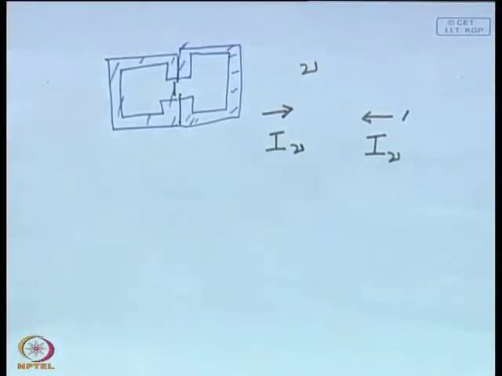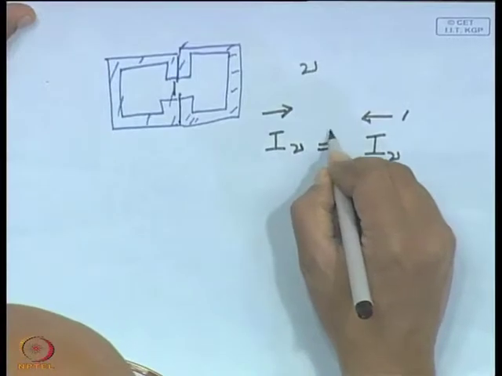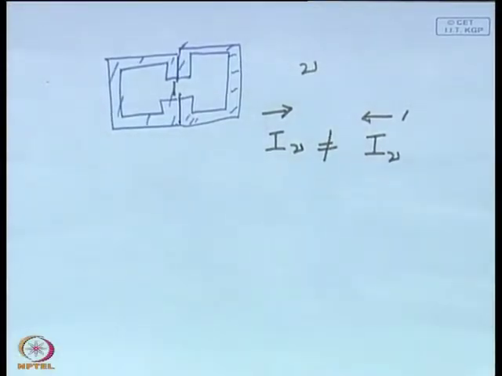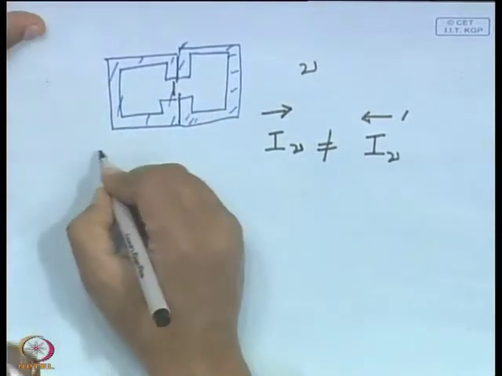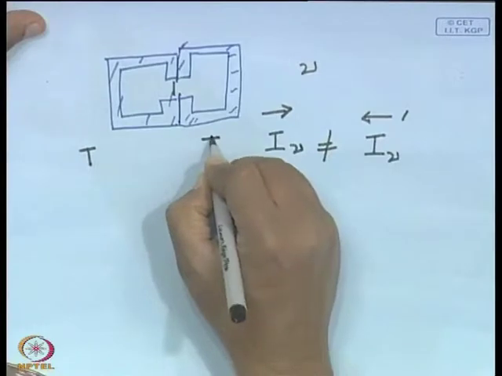Now, if these two things are different, then there would be net energy transfer from one cavity to another, but both the cavities we have assumed to be at the same temperature.